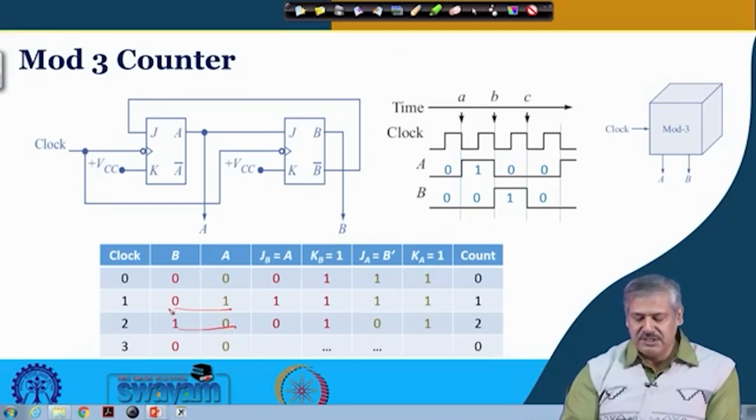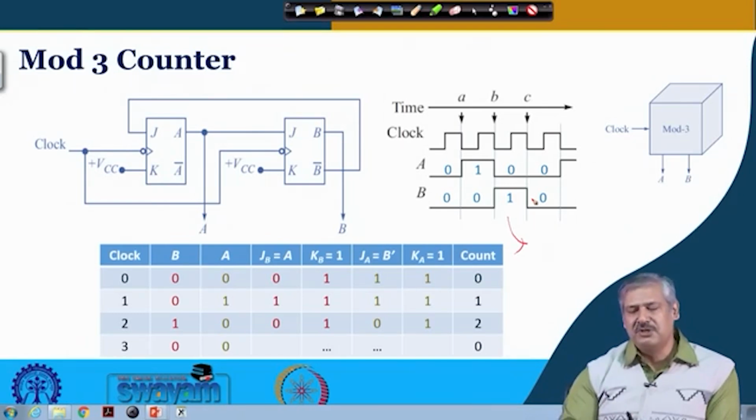So, this is the mod 3 counter that you can see, and in this case, if you take the output from flip flop B, every 3 clock pulses it will remain high for 1 clock period. Regarding the decoding logic, this B flip flop output directly gives you the output that a count of 3 has taken place, and it will remain high for 1 clock cycle.